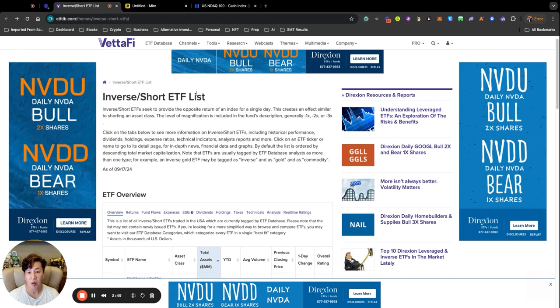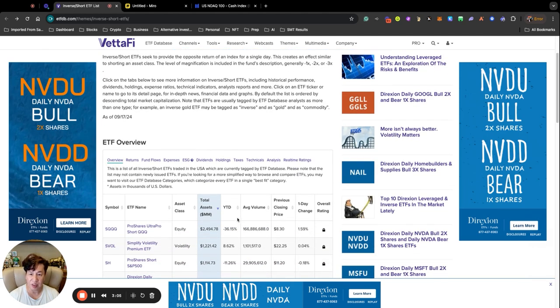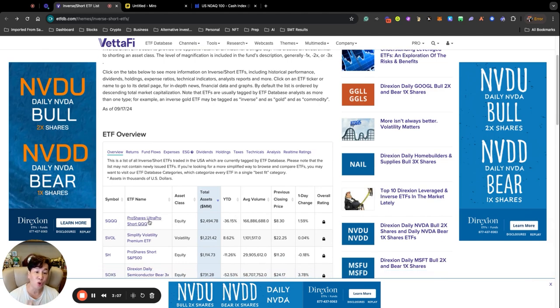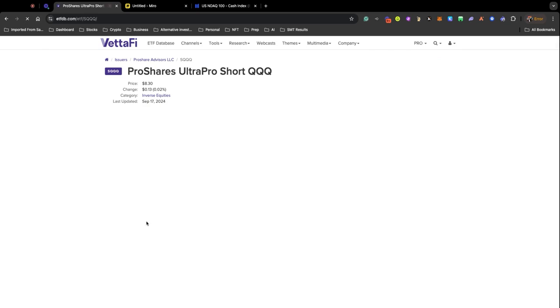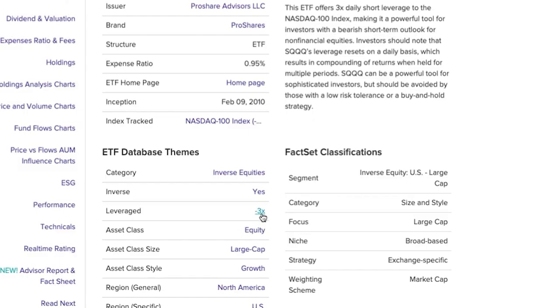Basically they give you opposite returns for a single day, and they have 1 time leverage, 2 time leverage, or 3 time leverage in terms of the shorting leverage amount. There's a whole database here. For example, when you have ultra short, usually it means 3 times. If the market goes up, it will go down, leveraged 3 times, and negative because it's inverse.